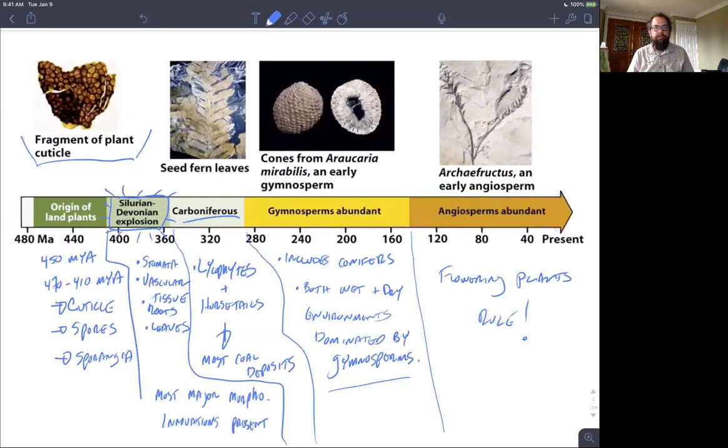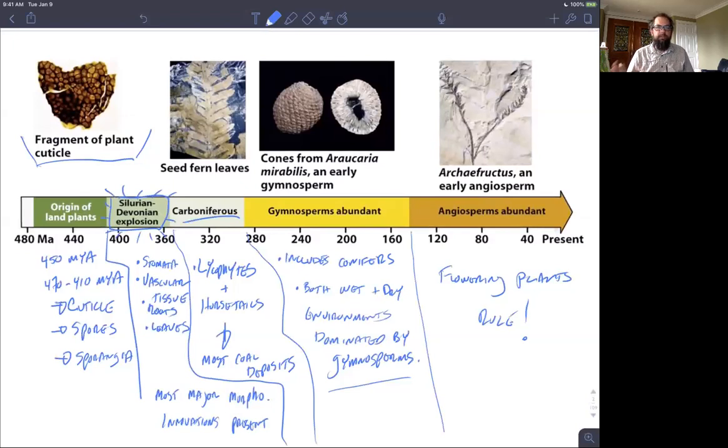And this is a really interesting transition, as we'll see. Most of these other groups of land plants are relatively small in terms of numbers. For example, gymnosperms now account for around 1,000 or so species, where angiosperms' present diversity is over 300,000 species.